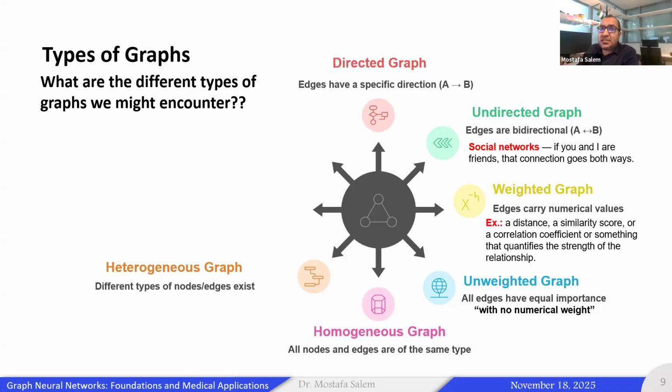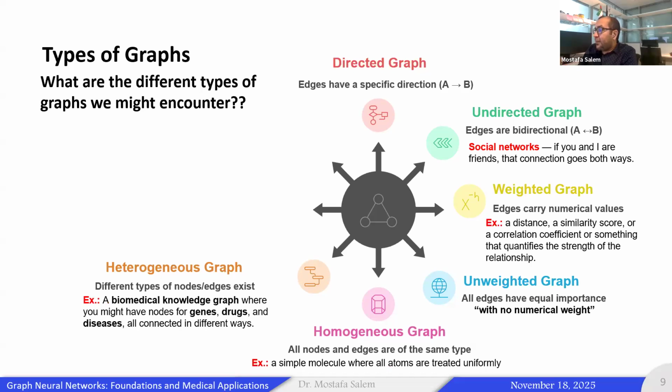So if I want to represent professors, employees, students as nodes, I will have three different kinds of nodes. And for sure, the relationship between students is a kind of edge relationship. There is a relationship between professor and students, which is another edge relationship. So I will have different kinds of nodes and different kinds of edge types. And in this case, the graph is called heterogeneous graph.